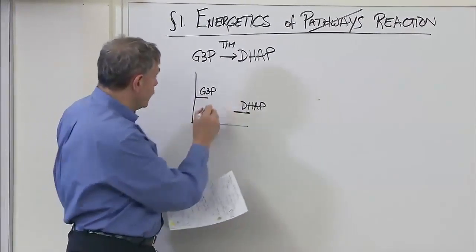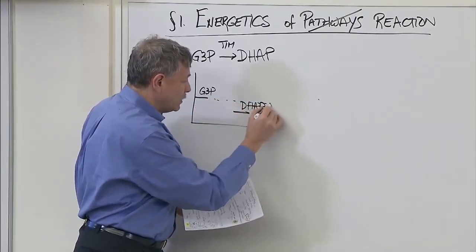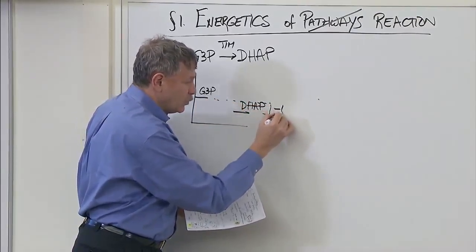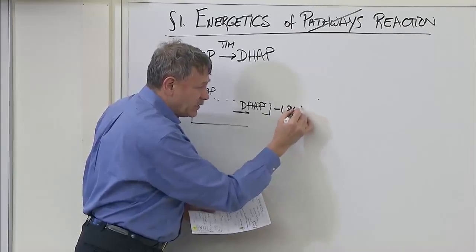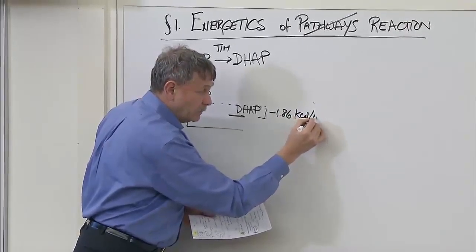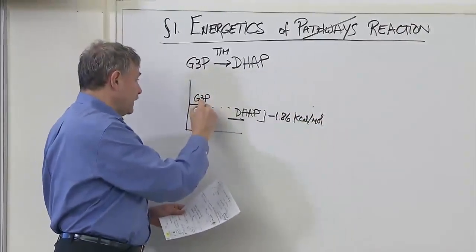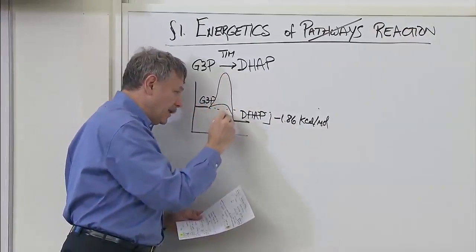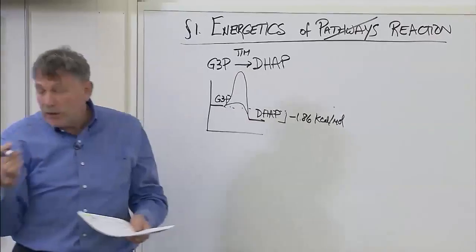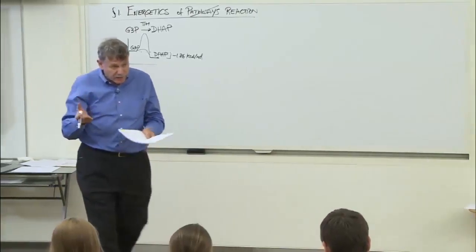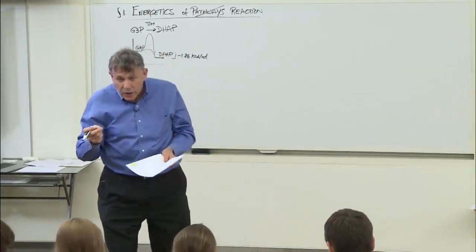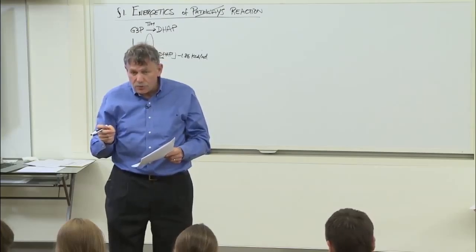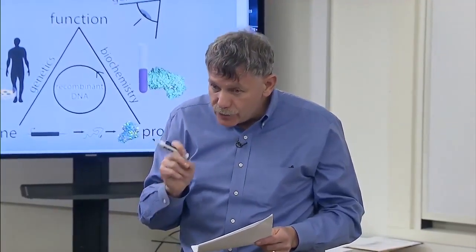Free energy was lower, and it was lower by about, I think we said, minus 1.86 kilocalories per mole. And we talked about that big activation barrier to get there and how triose phosphate isomerase lowered that activation barrier. But the point was there was a difference in the energy states, and it was minus 1.86. So DHAP was more favorable than G3P.